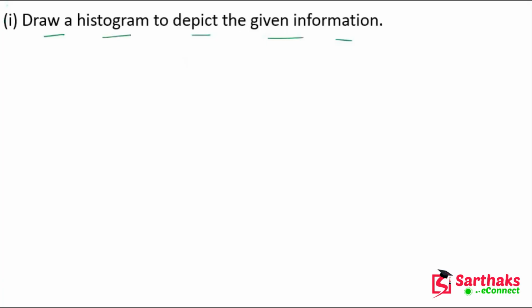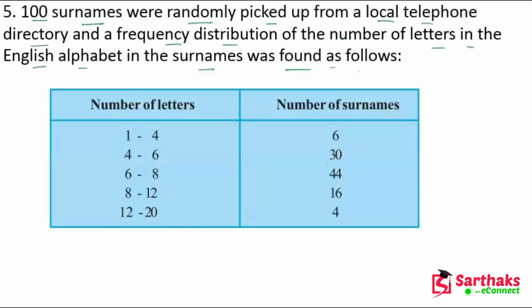Now again, if you observe this table, we again have varying class width. The data has class intervals of varying width.